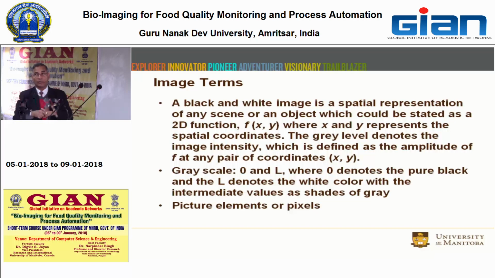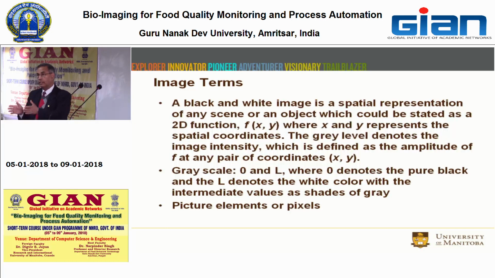Okay. So for a black and white image, it basically is a spatial representation of an image along the XY coordinates, and it is a function of XY. The magnitude of that function at every point gives the gray value.